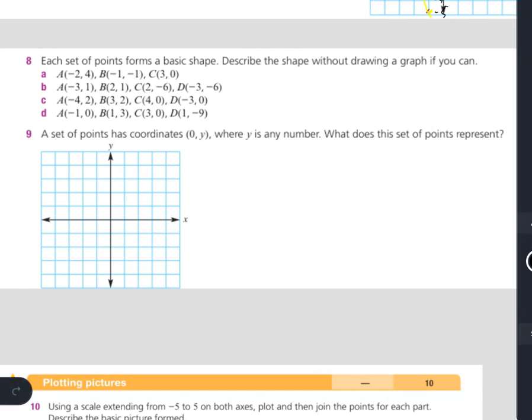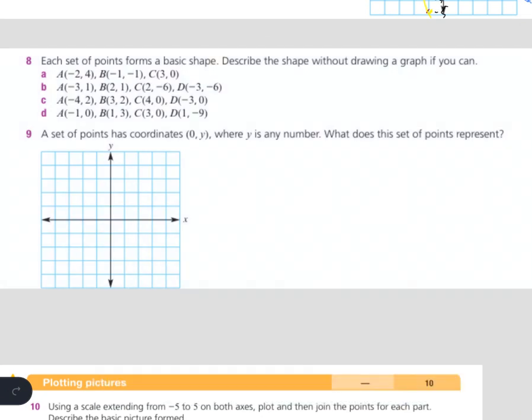So let's go now. Each set of points forms a basic shape. Describe the shape without drawing a graph if you can. Okay, well, I guess we've only got 3 points here, so I'd hope it would be some sort of triangle. Minus 2 would be here, and minus 4 would be down there. This is for A. Minus 1, 1.